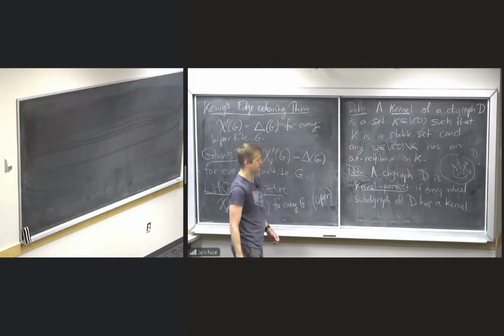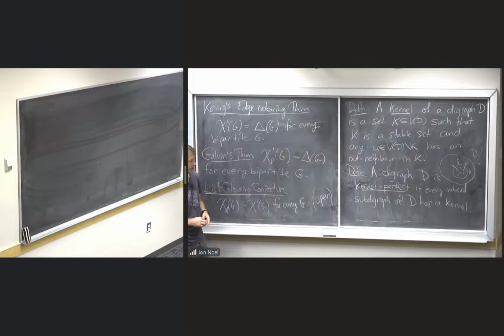An induced subdigraph is like an induced subgraph, right? I pick some vertices and I look at them, and you have to keep all of the arcs inside of it. And then you want every induced subdigraph to have a kernel.